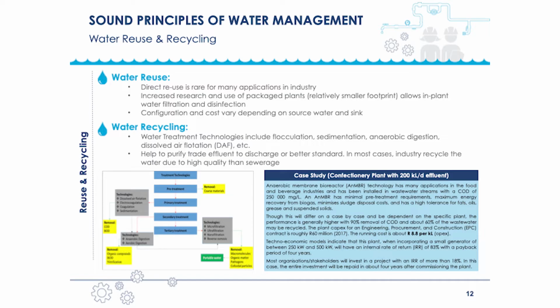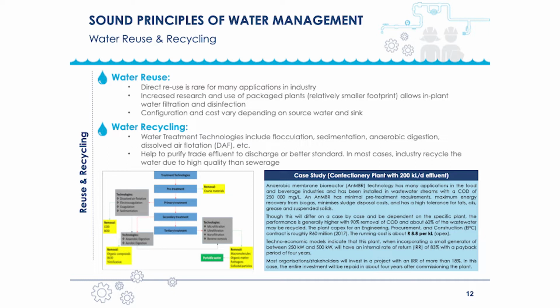The projected cost was 60 million with a running cost of 8 rand 80 per kiloliter. In this case, the IRR was good, about 83%. But of course, this study was done at a high level, and if such a project were to be taken up, you will need to do a pre-feasibility and all the engineering steps involved so that you are confident of the returns.